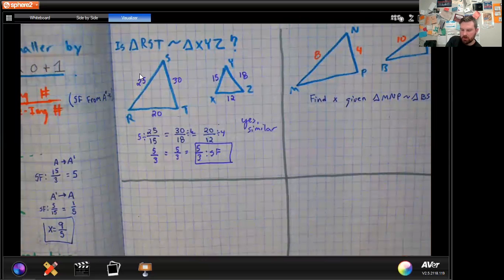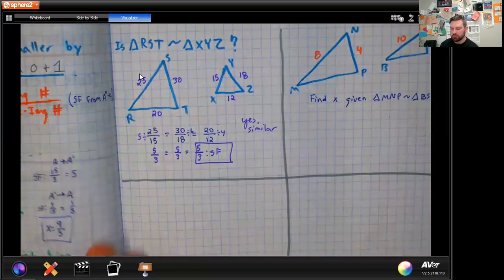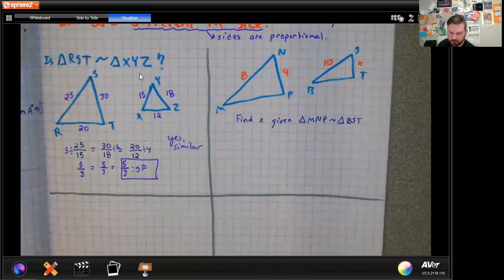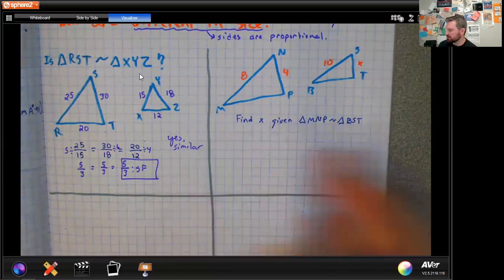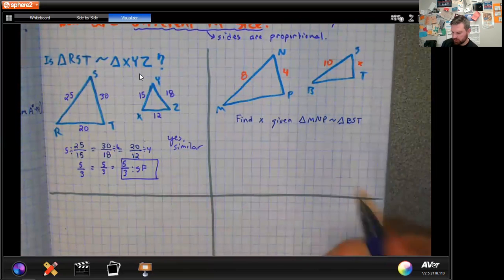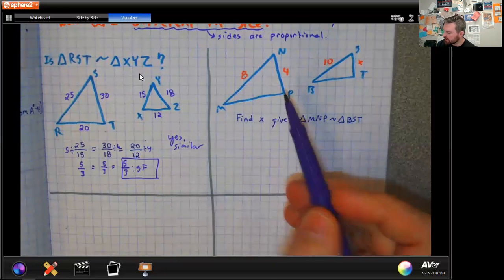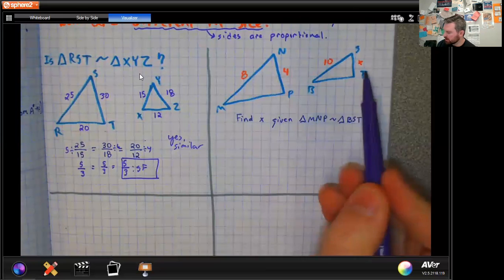Okay, so there are a ton of ways that you can look at this. Oh, sorry, I didn't mean that it was off the screen there. There are a ton of ways you can do this. And I'm just going to list some out, and you can find the best one that works for you. But we need to set up ratios for these two triangles.